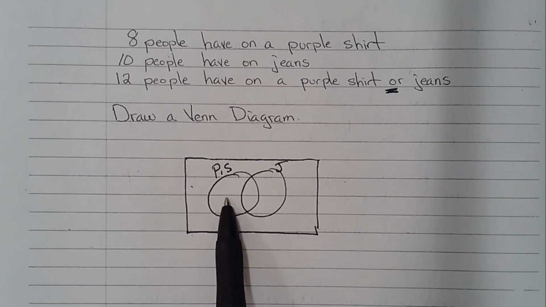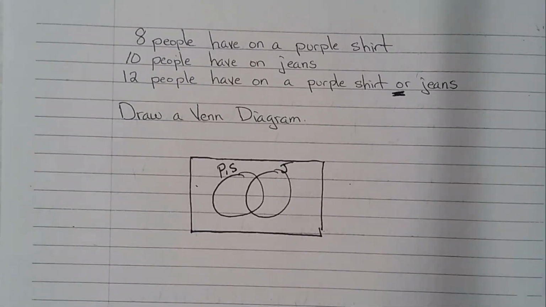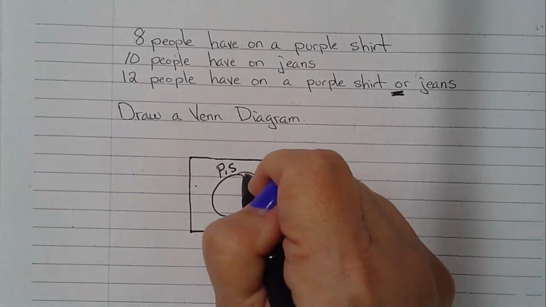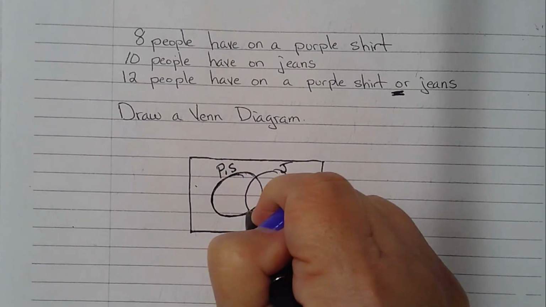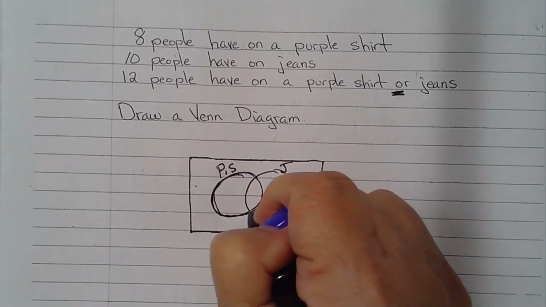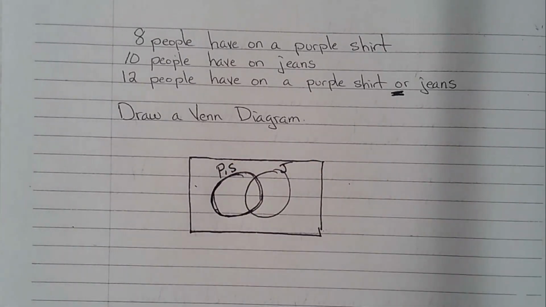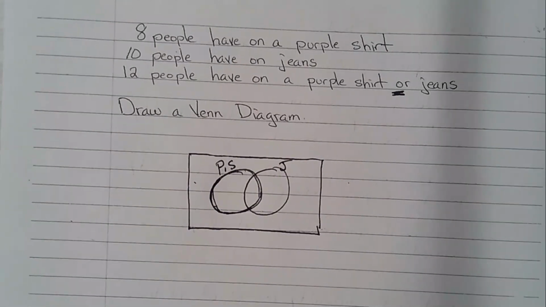Because this number is for people who have a purple shirt but don't have jeans. So that number 8 is this whole circle here, right? It's everybody wearing a purple shirt, the ones with a purple shirt and jeans, and also the ones with a purple shirt that don't have on jeans.